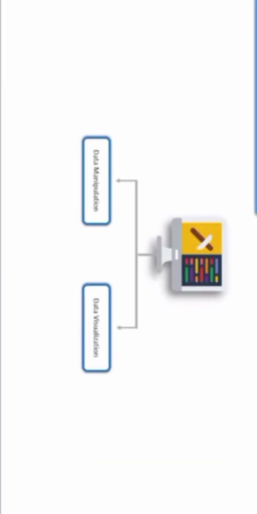Once you have acquired your target data, you would have to pre-process your data. This stage is known as exploratory data analysis, and this is the stage in the data science life cycle which takes up most of your time.